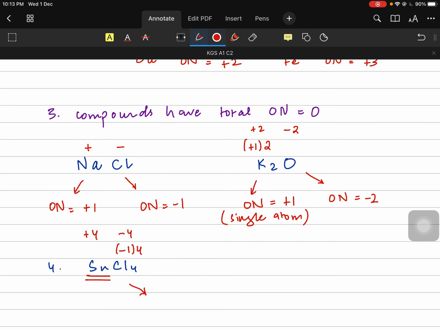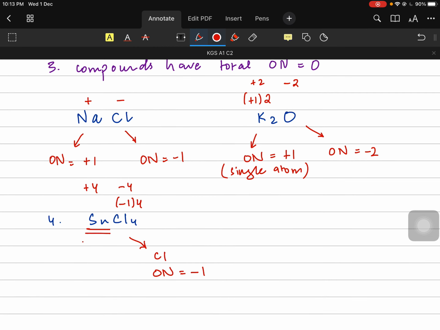If individual chloride has an oxidation number of -1, individual tin has to have an oxidation number of +4 to balance out the 4 Cls. For example, if I'm talking about FeCl3, we know that when Cl is in a compound, it has to be -1.